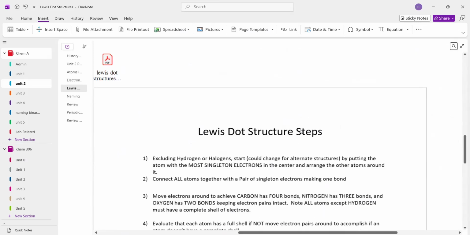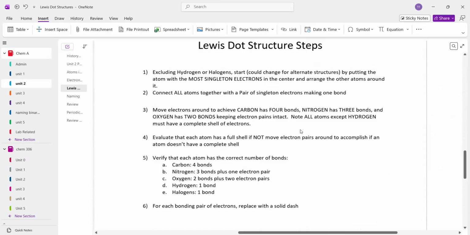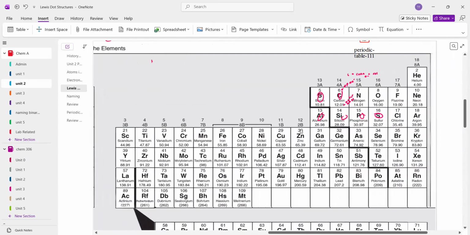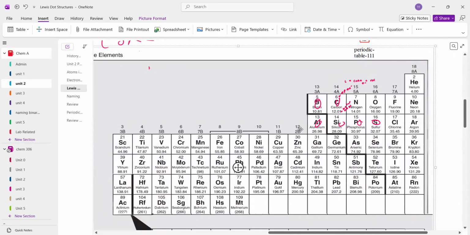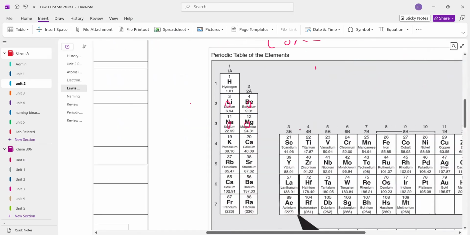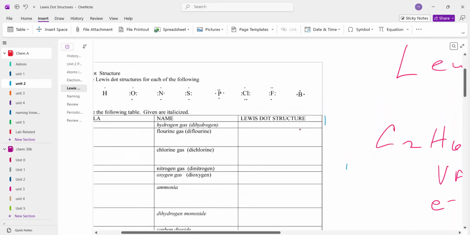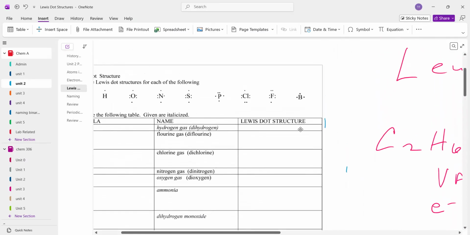Okay. So step number 1, excluding hydrogen and halogens. Remember, halogens are right here. From fluorine down, these are the halogens right here. Okay, so this is a halogen. Halogen.